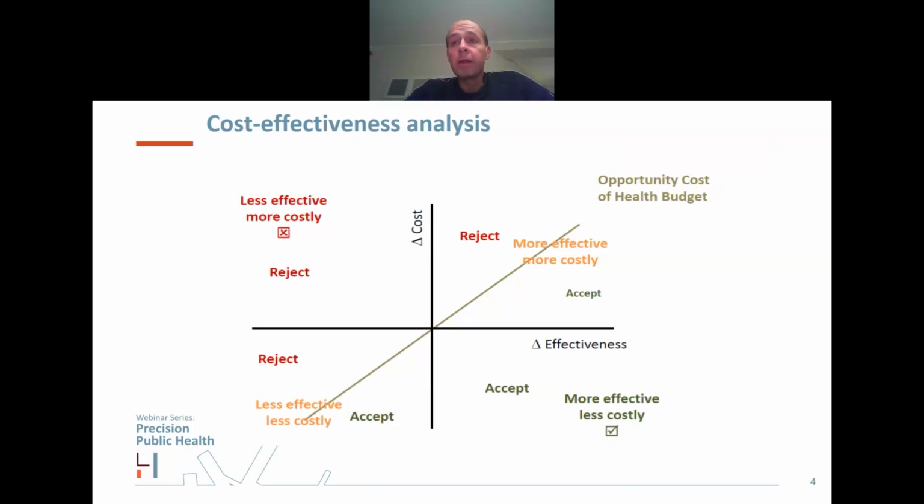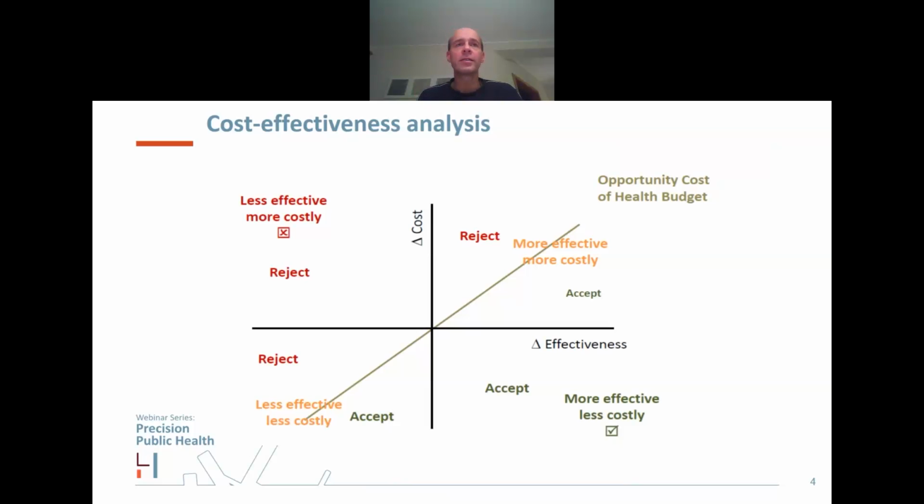So we can compare the two then in terms of their differential effectiveness on the x-axis here and differential costs on the y-axis there. Depending on where that new intervention is located, then we recommend a decision to reject or accept it for funding, or for recommendation for funding rather.